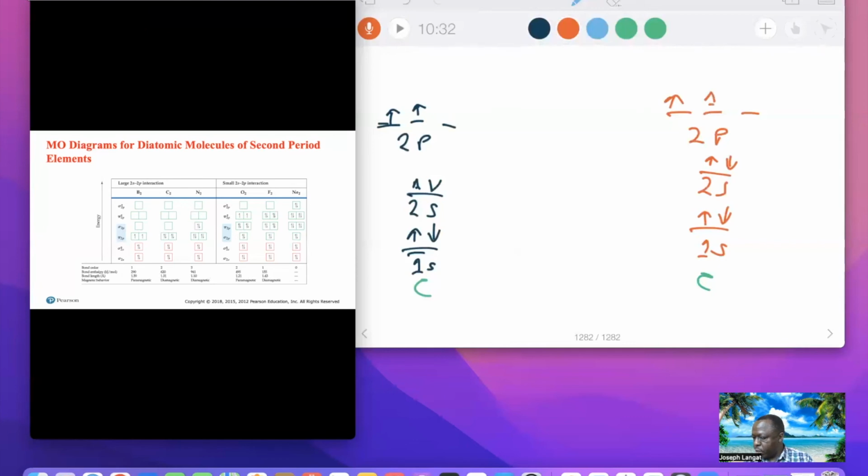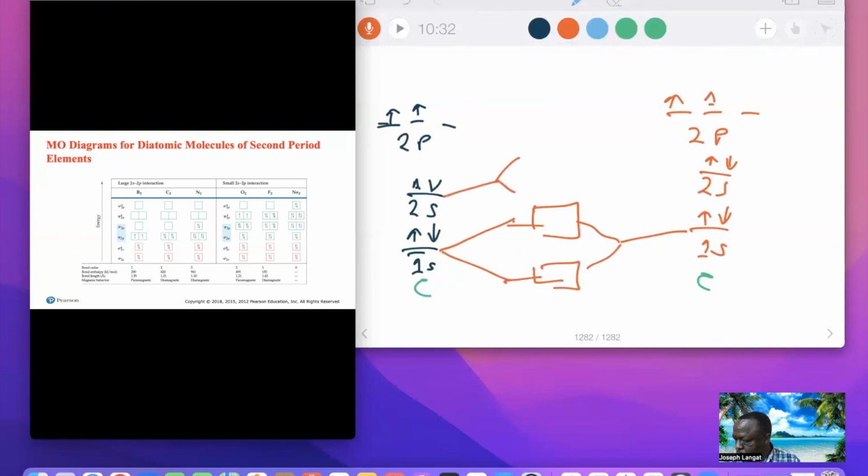So this will combine to form 2. Likewise for this, combined with that, this will now form the 3.